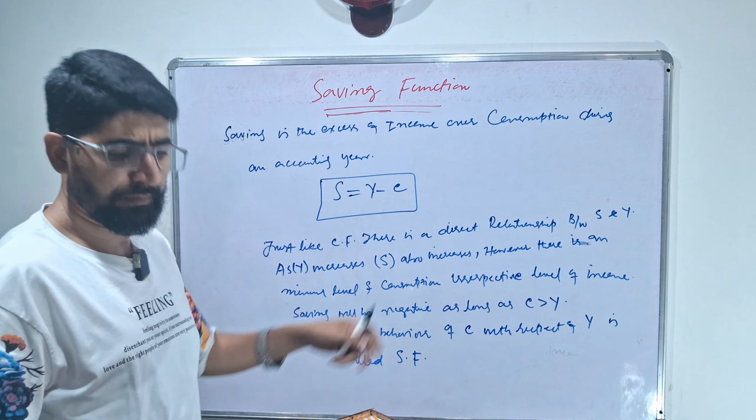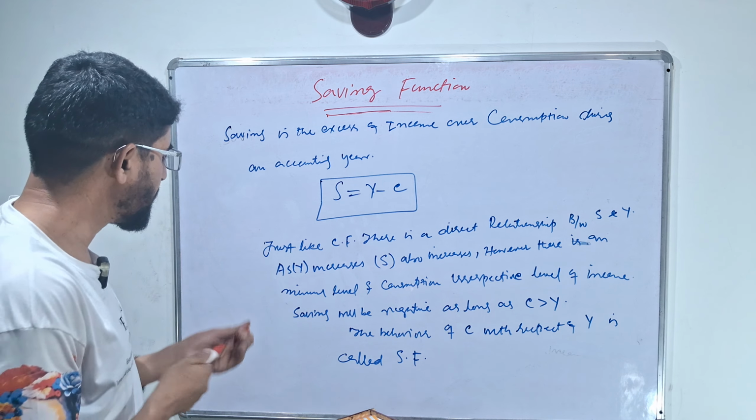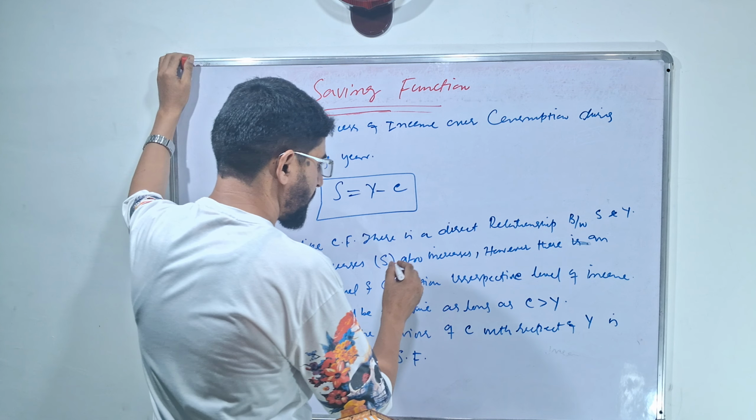There's a direct relationship between consumption, saving and income.